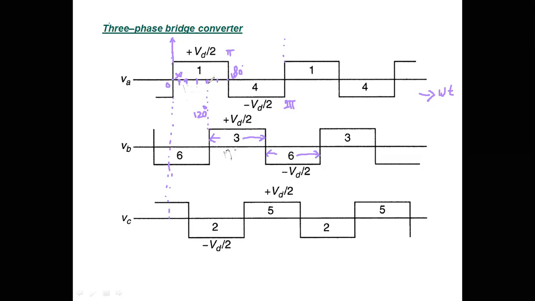So 3 is turned on at 120 degrees, and again 5 will be turned on at 240 degrees from this instant. After 3 is on at 120 degrees, at 240, 5 will be on, and it is conducting for 180 degrees. Remember, it is turned on at 240, so 240 plus 180 degrees.